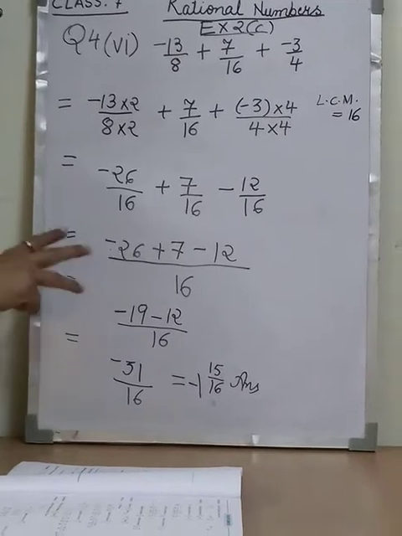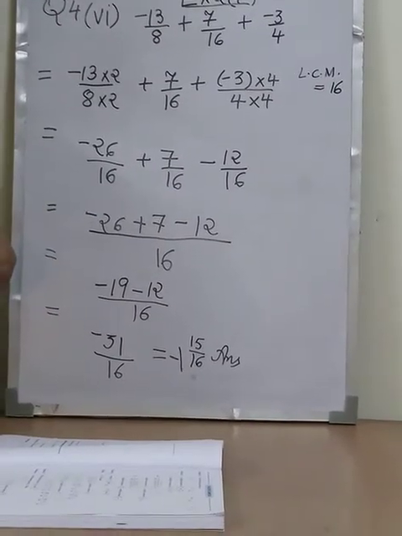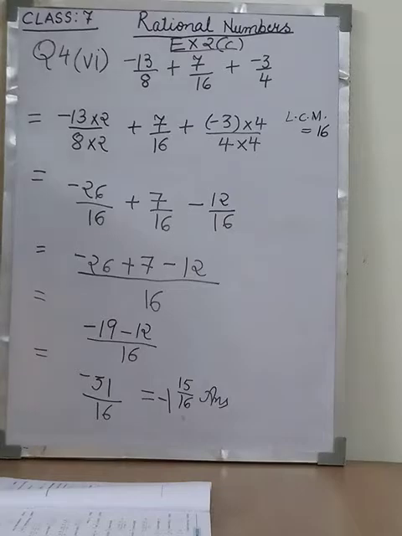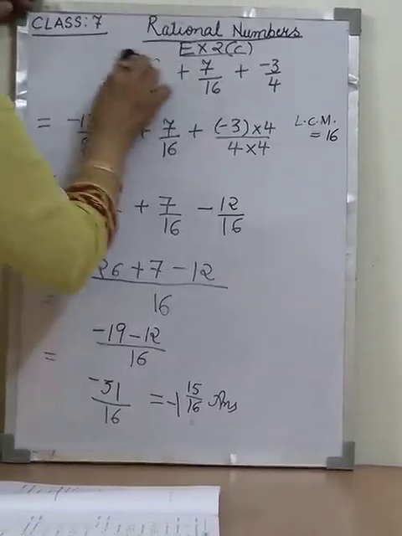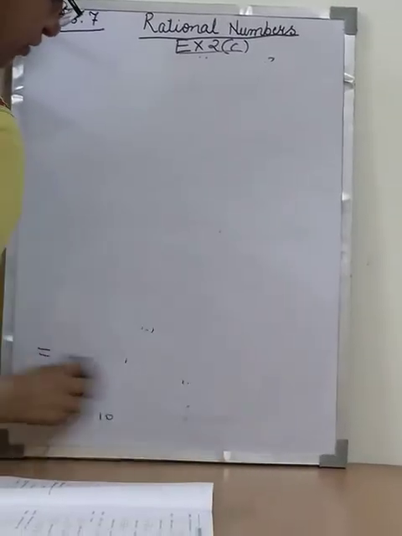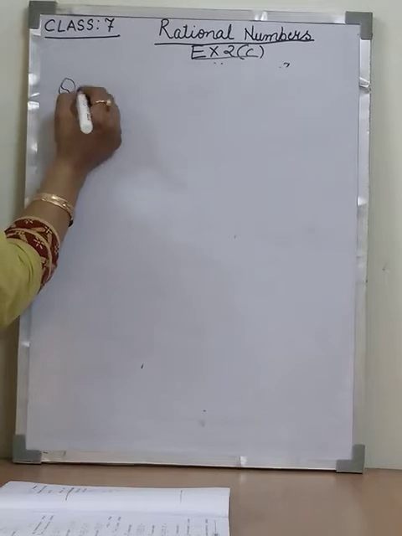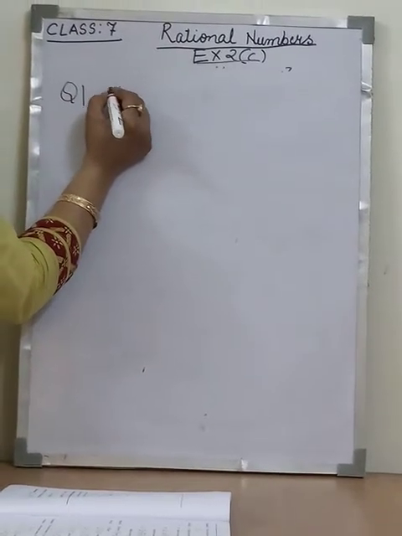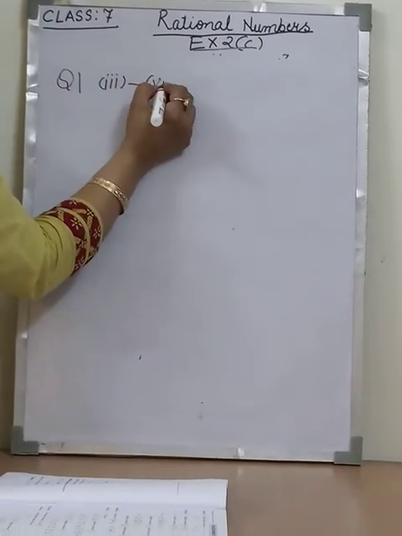Question number 2, third to sixth. Question number 3, third to sixth. And see how I am writing your assignment here. So what is your assignment for today? Question number 1, third to sixth.